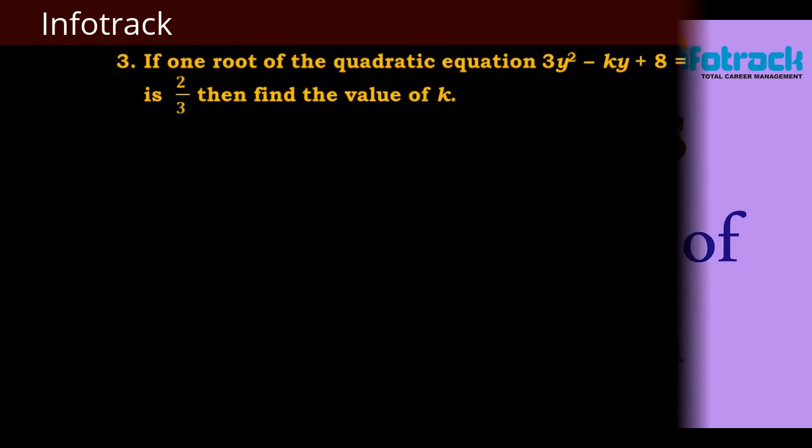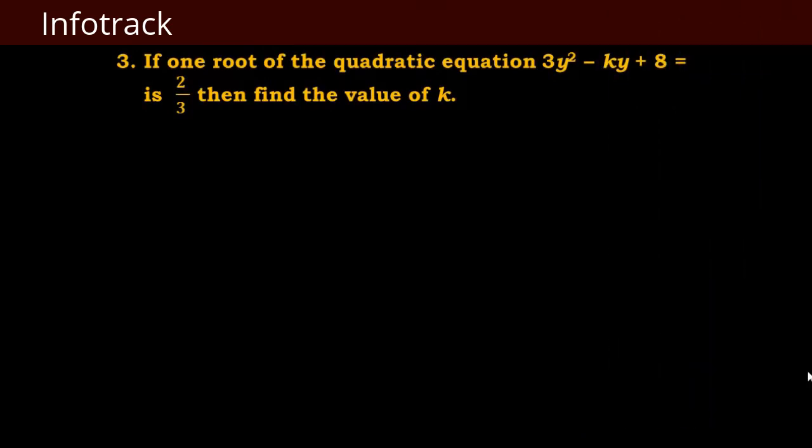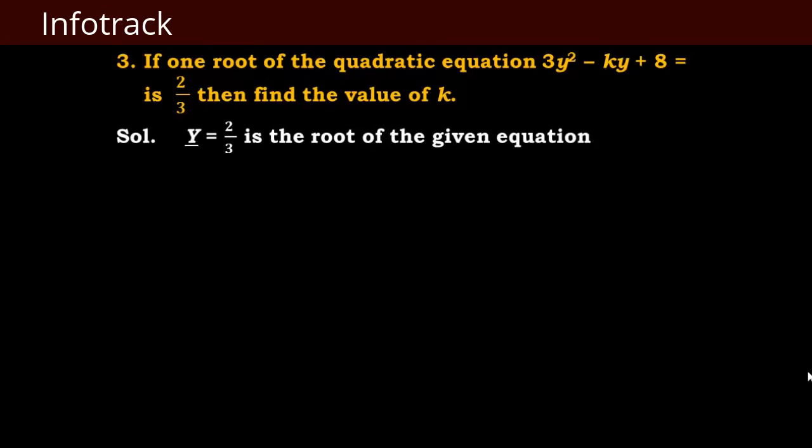If one root of the quadratic equation 3y square minus ky plus 8 equals 0 is 2 upon 3, then find the value of k. See, the root of the equation is given, that means this value satisfies the given equation. So we have to put y equals 2 upon 3.